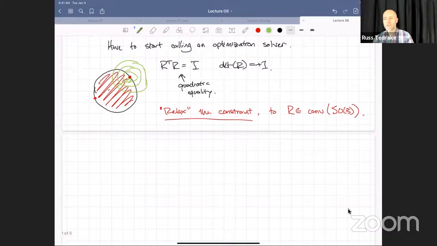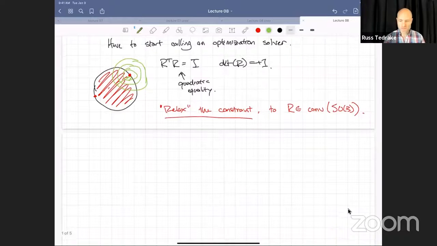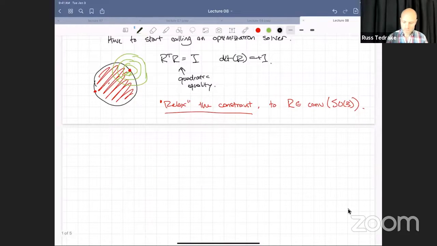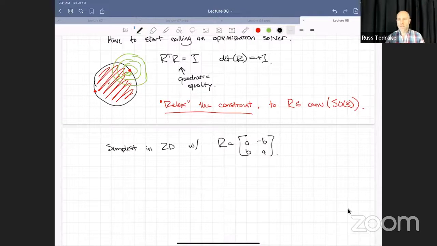So let's think about what it looks like first in just the 2D case where I drew those pictures before, and I think it's easy to think about. Remember, the trick in 2D that made it really nice is that I can parameterize the 2D matrices as [A, B; -B, A].